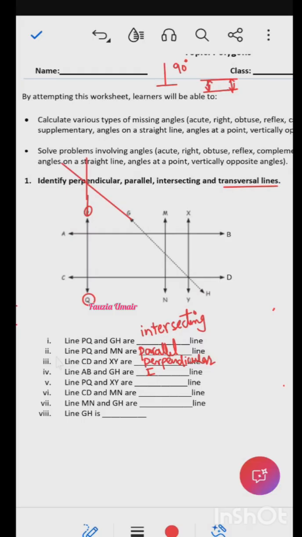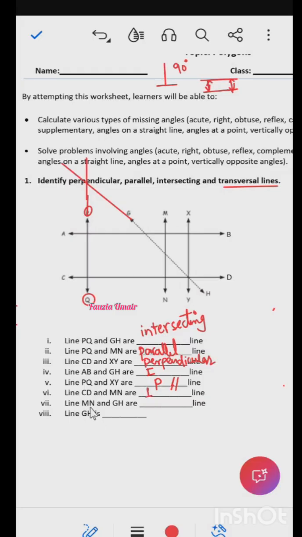They are parallel lines. So this is the symbol for parallel lines, right? Yes, ma'am. So then CD and MN, they are again perpendicular. So this is the symbol for perpendicular lines.